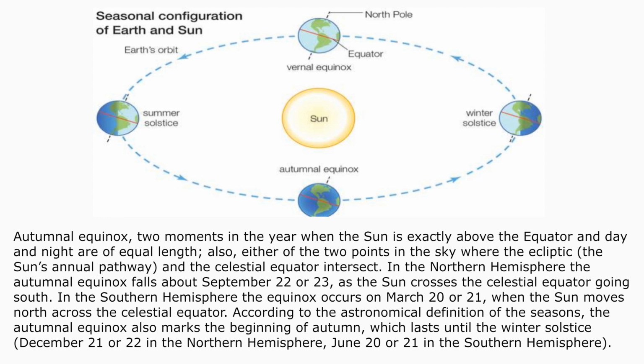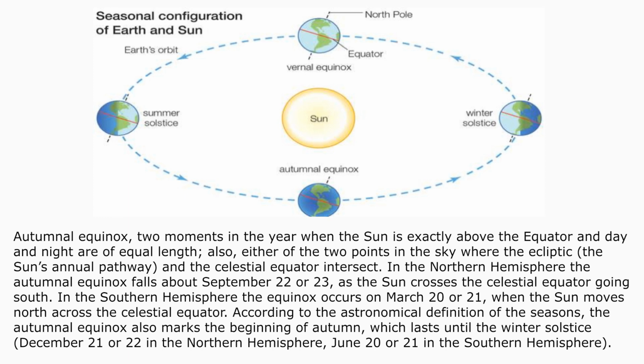And in the southern hemisphere, the equinox occurs on March 20 or 21, when the Sun moves north across the celestial equator.